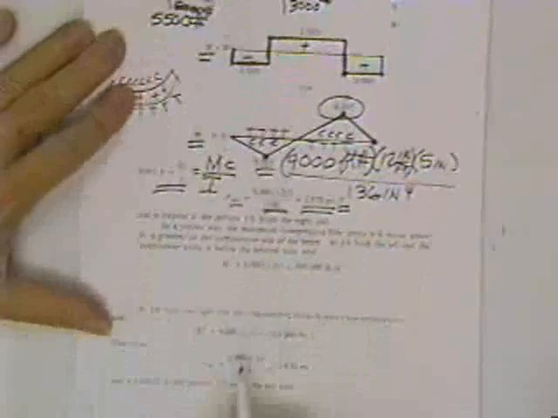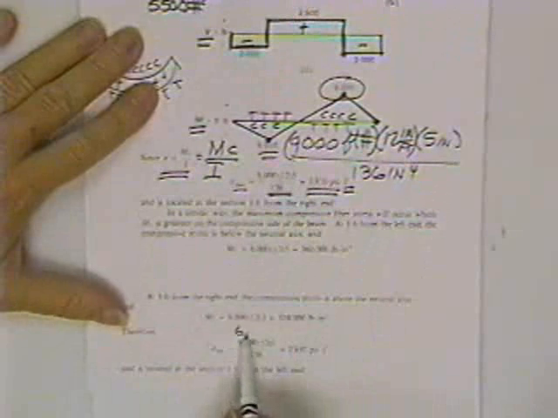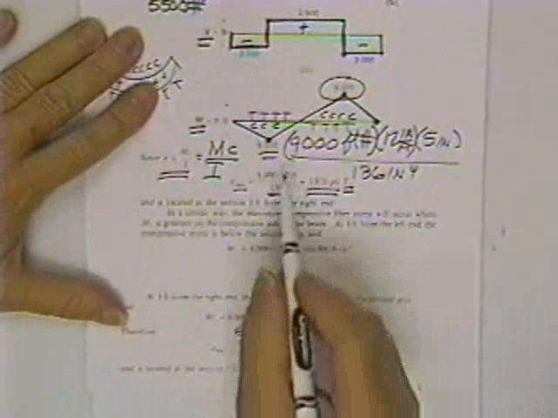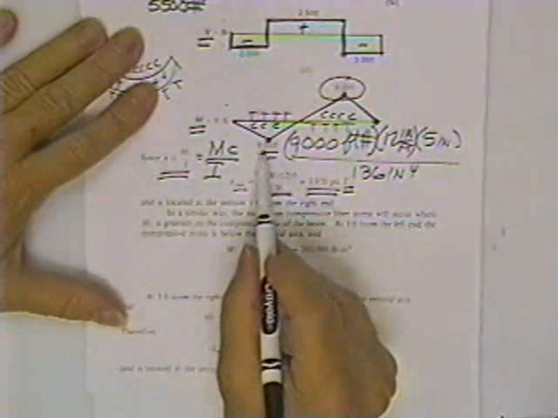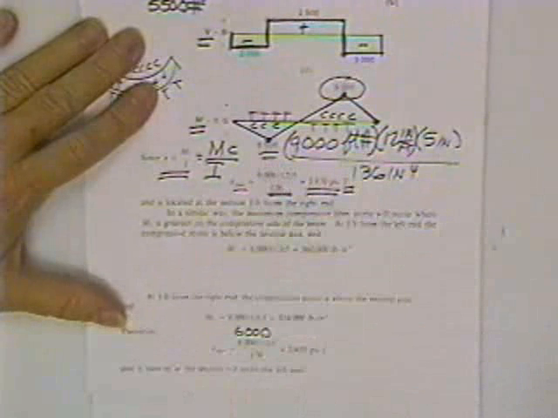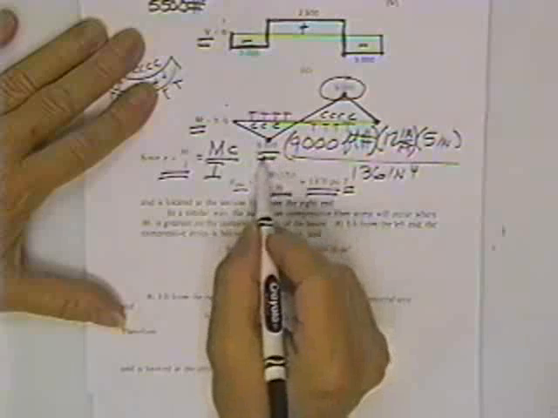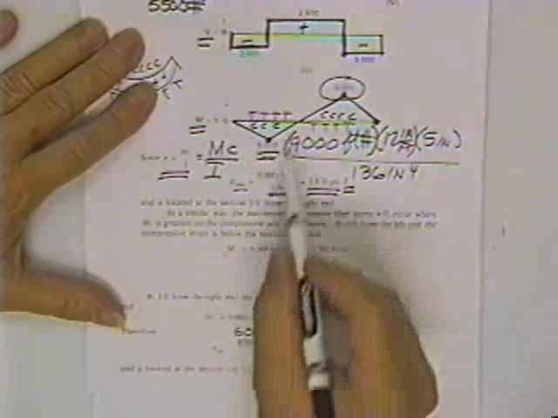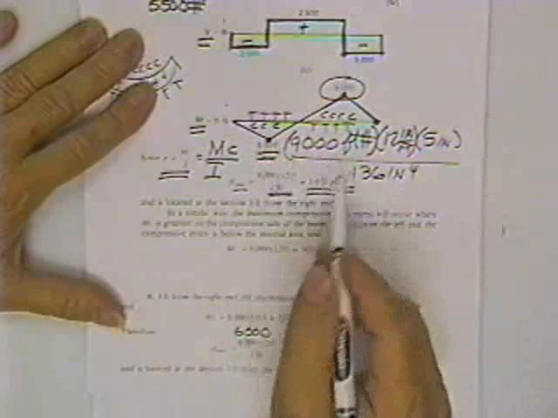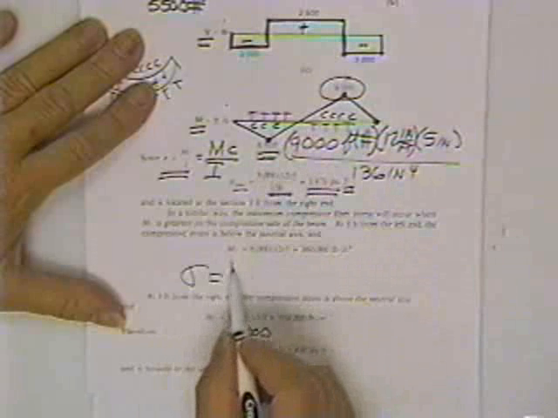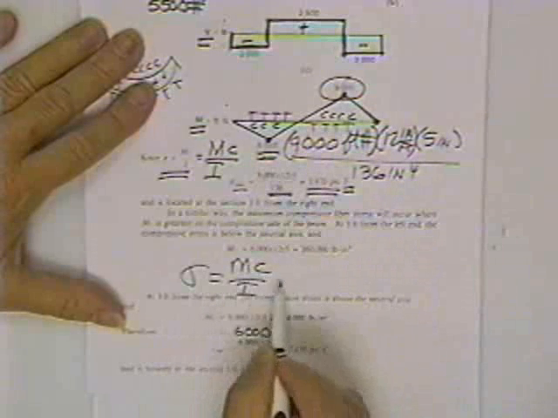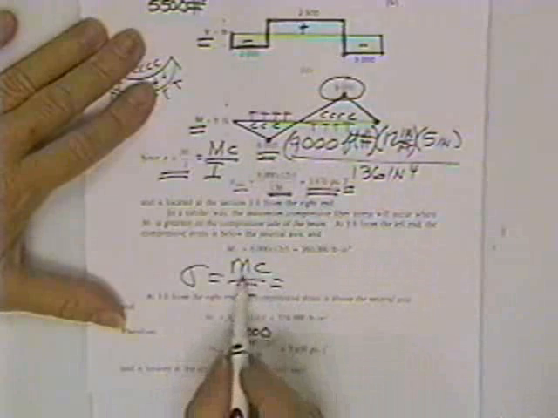Now to find the compressive stress, here's his equation for compressive stress. Put 6,000. You'll notice he put 6,000 right here. Oops. That's interesting. He must be looking at this point for compressive stress. See, the interesting thing is sigma is equal to MC over I has two sets of numbers in it.